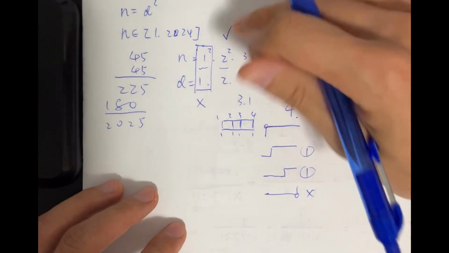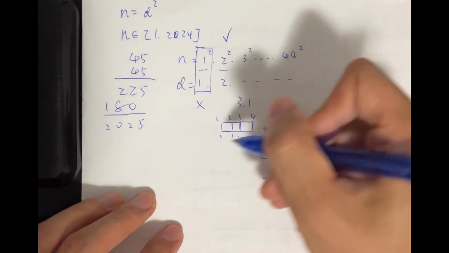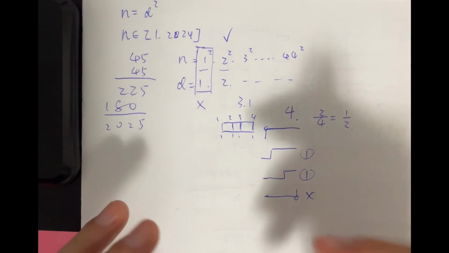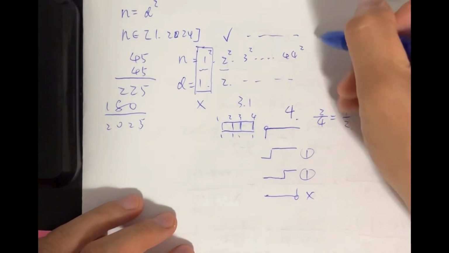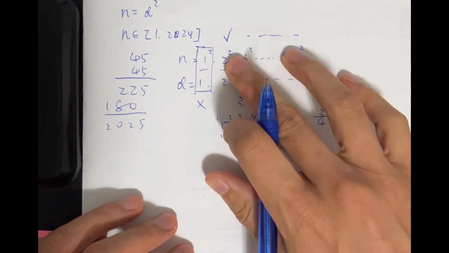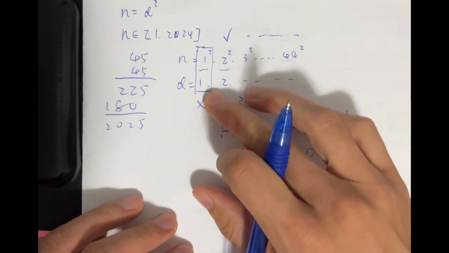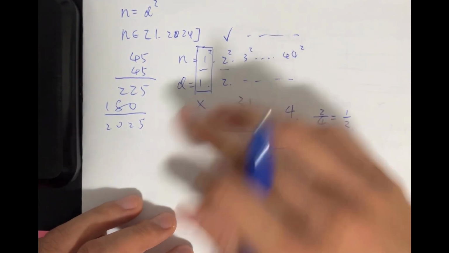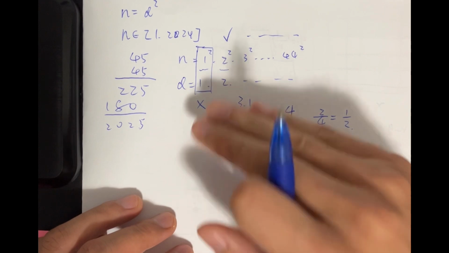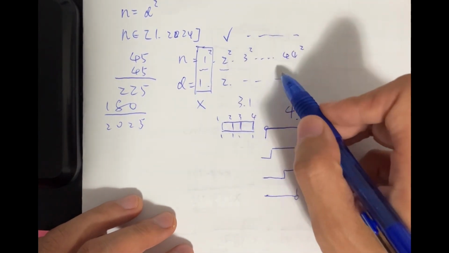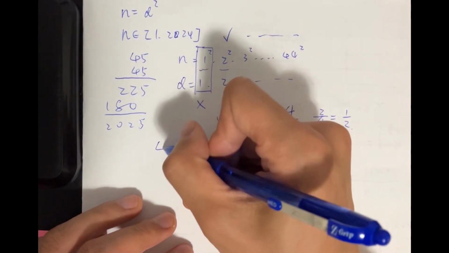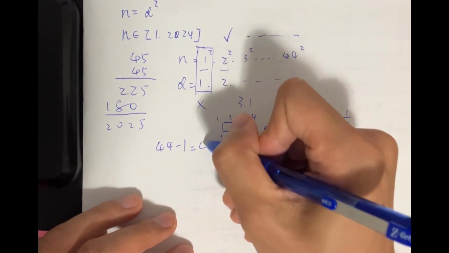From this point on, we do not have any one row thing or one column thing, so everything should be safe. This is okay, but the n equals 1 case has to be removed. We do not count this one. So in total, it is 44 minus 1, the answer is 43.